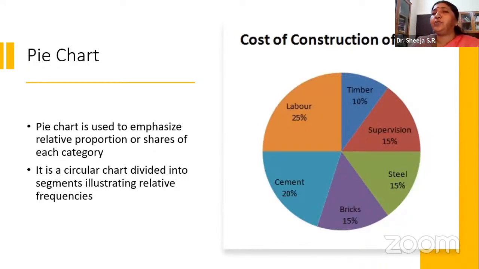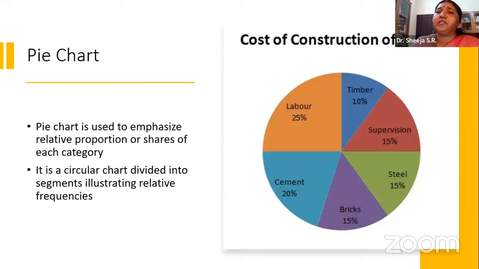Here, the total cost of construction of a house is given, with different categories. From the chart, it's very clear that the highest proportion of total cost is spent on labor. 25% of total expenses is for labor, and then 20% is for cement.